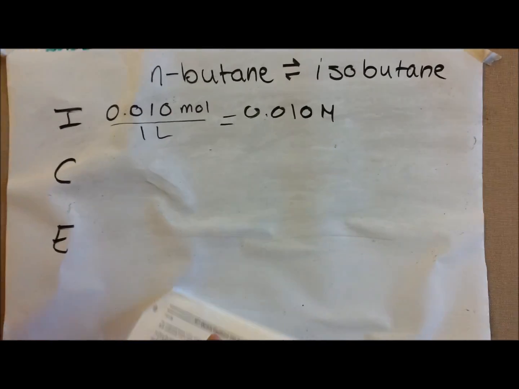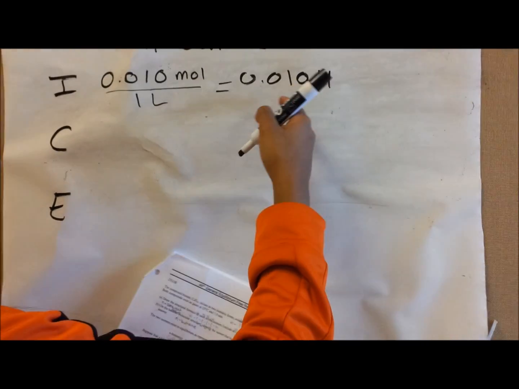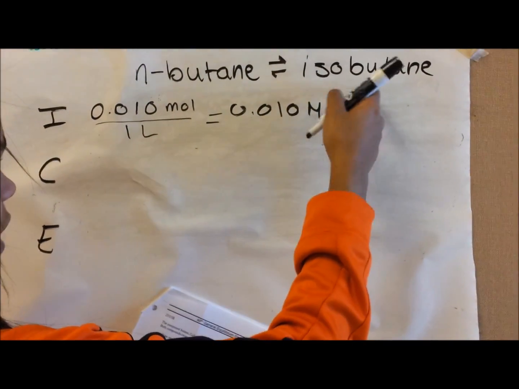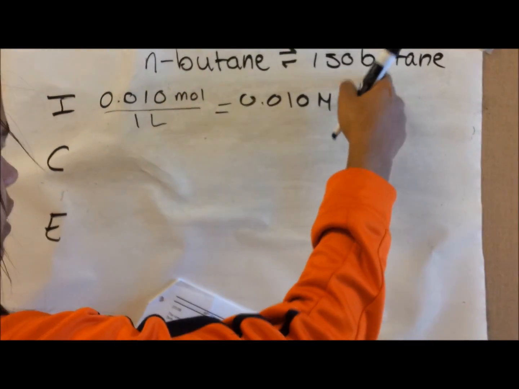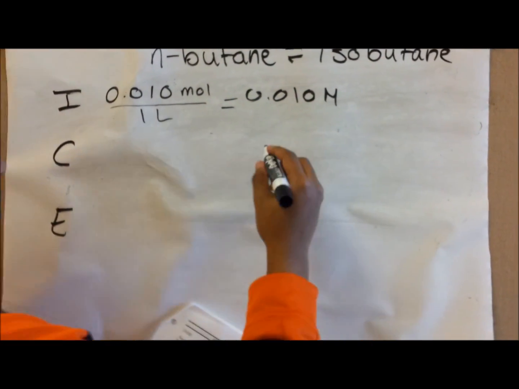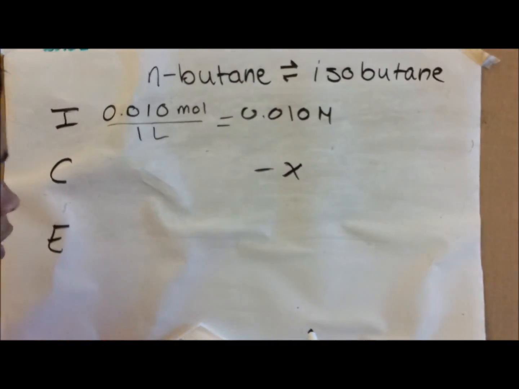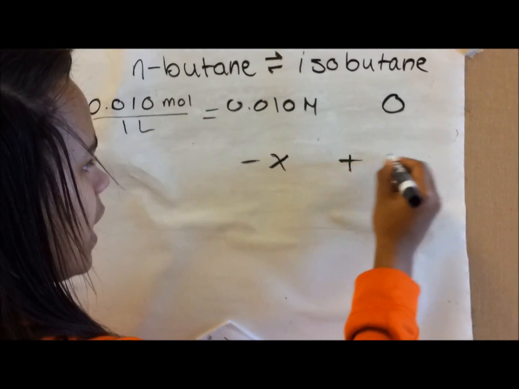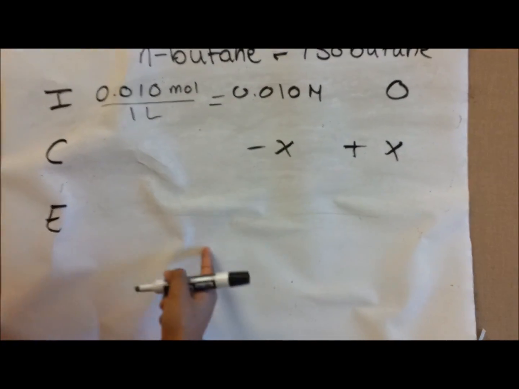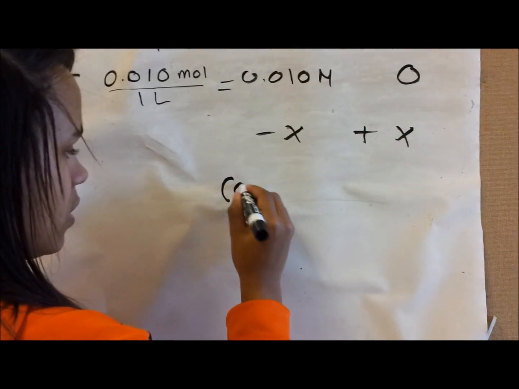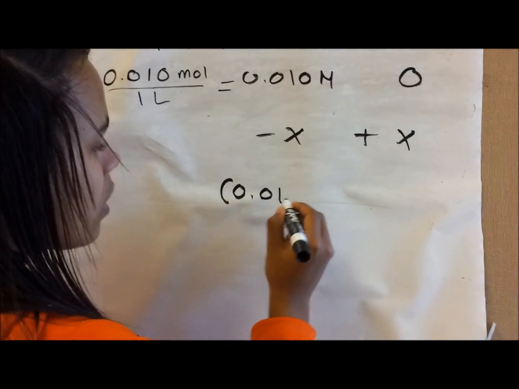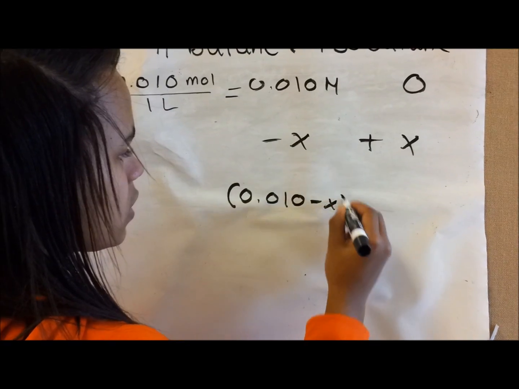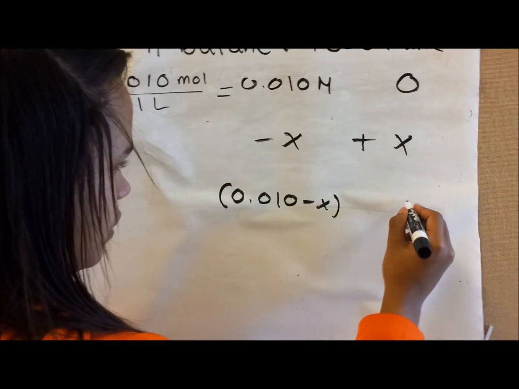Then the change is how much of this is taken away to produce that. So you subtract an x because we don't know the concentration. And for this one, the initial concentration is 0, so you're adding an x. Then the equilibrium concentration would just be the initial concentration minus x, and the final concentration for this one is x.